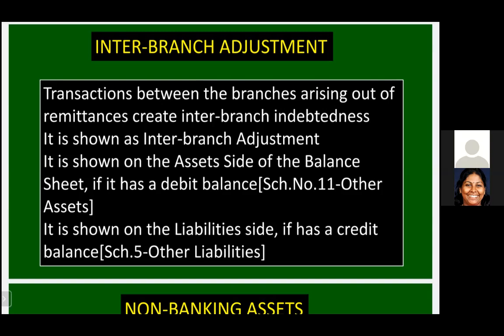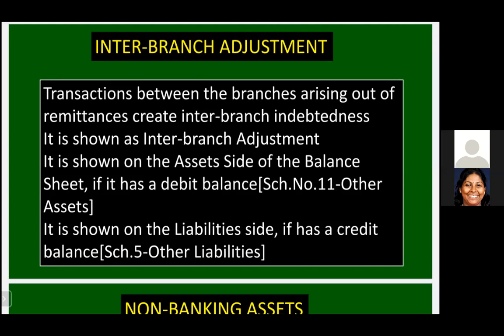Mind it, if it is mentioned as debit balance, it will come under schedule number 11, other assets. If it has a credit balance, it will be brought under other liabilities. So if the branch adjustment or inter-office adjustment is mentioned in brackets as debit, it will be brought under schedule number 11, other assets. If it is mentioned in brackets as credit, it will be carried to other liabilities, schedule number 5.